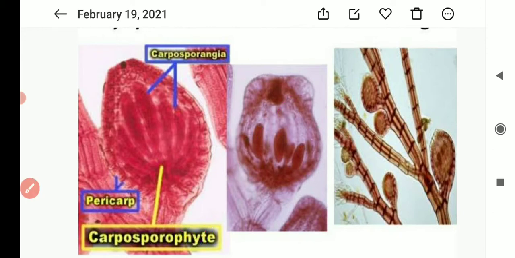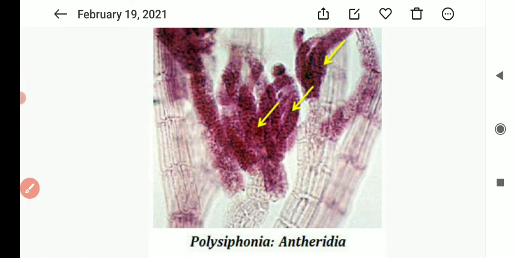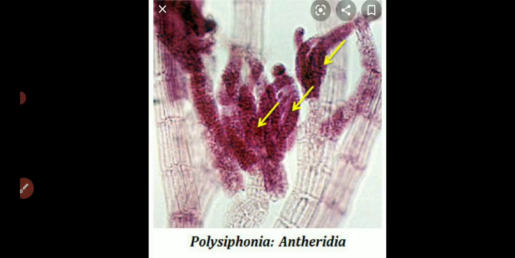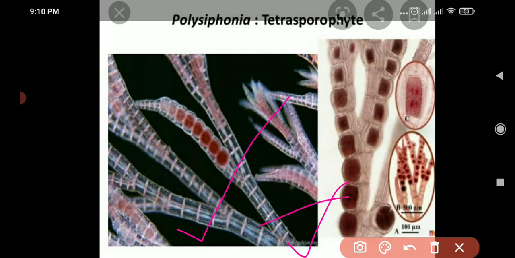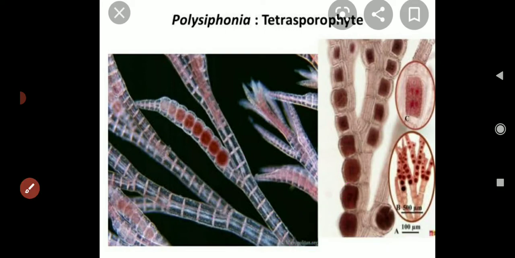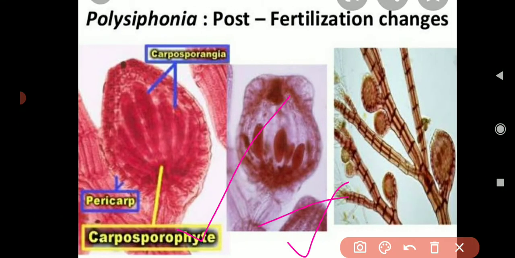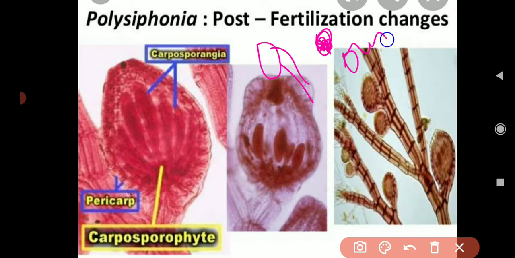So isn't it expected that the male antheridia should fuse with the female gamete, that is the ovum?